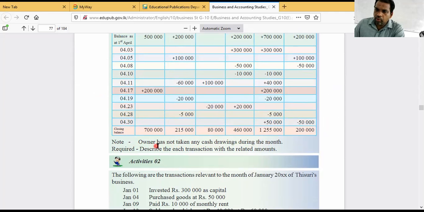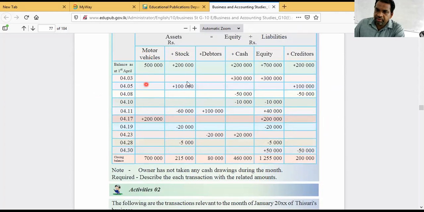Right. Therefore, out of these given transactions, there cannot be any transaction related to drawings taken in cash, but there can be drawings taken in goods. Owner has not taken any cash drawings. It doesn't mean that owner has not taken any goods drawings during the period.